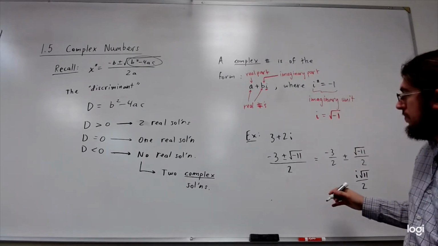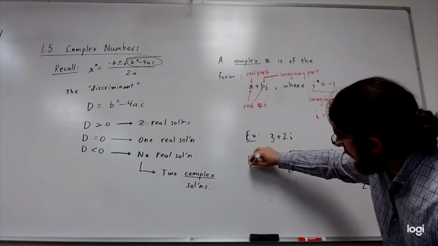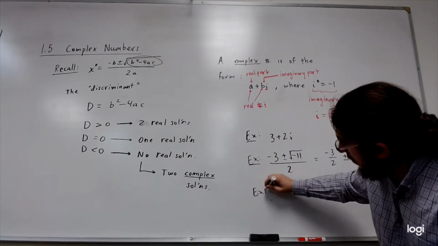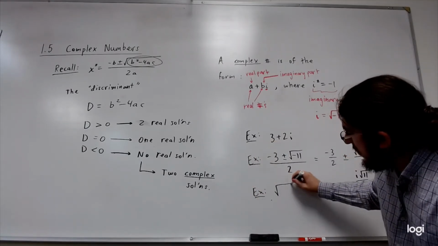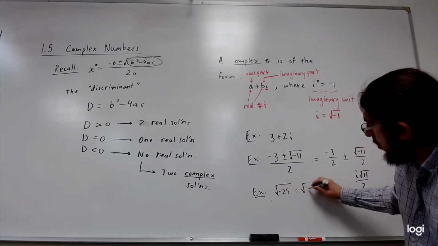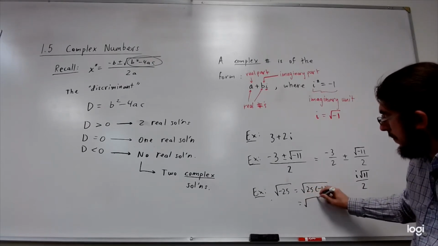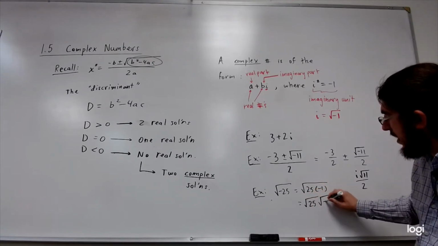So let me just say as another quick example, so this is our second example, as another quick third example, the square root of -25 is the square root of 25 times -1. If you split the radical up, this is the square root of 25 times the square root of -1.